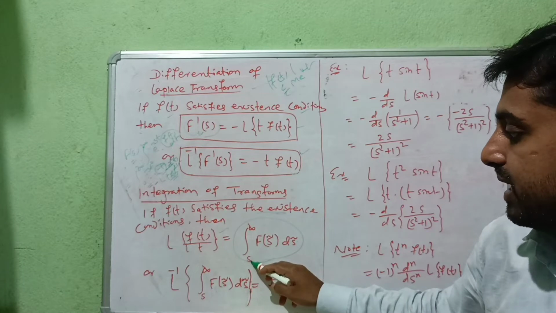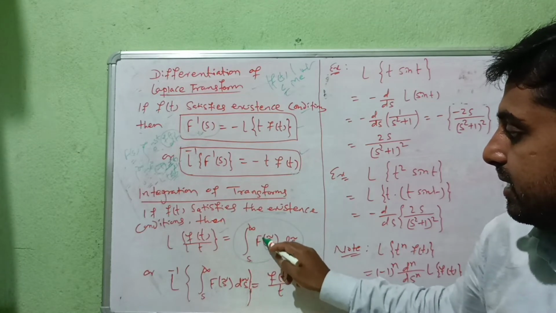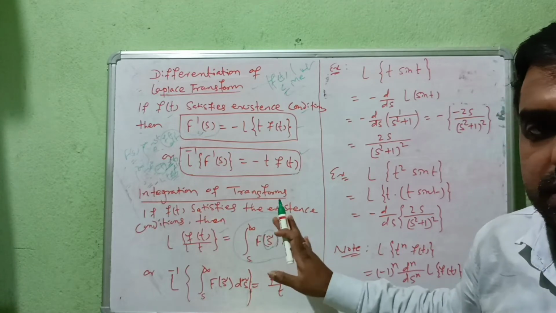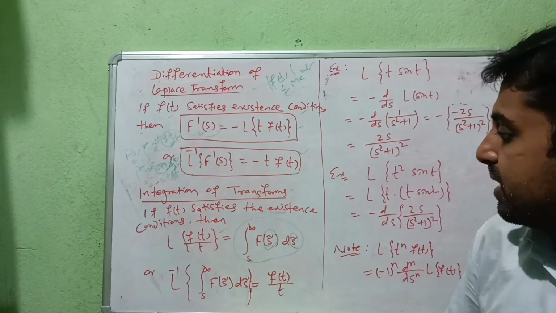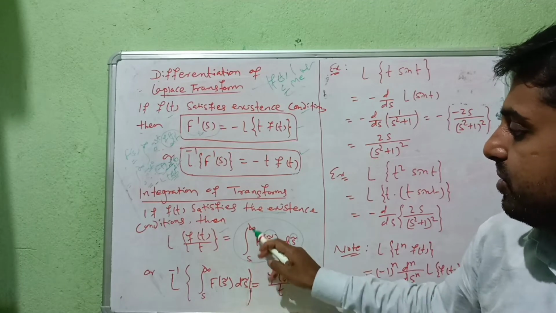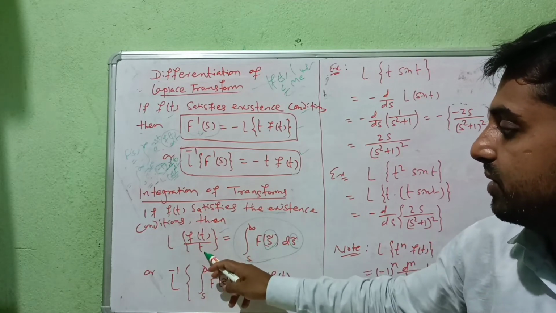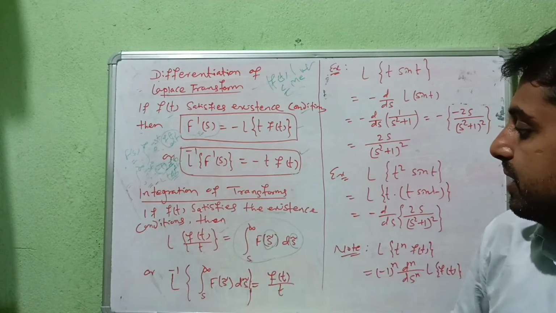Because we have limit s, we change the variable s to s tilde, and in place of s tilde you can take any variable x, y, and the limit will be s to infinity.